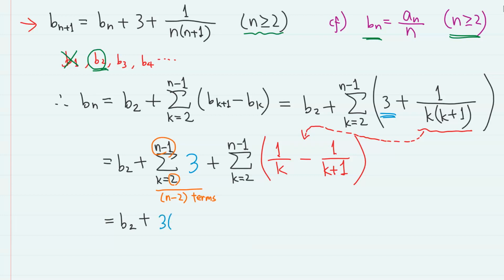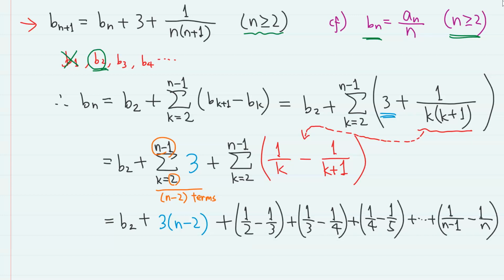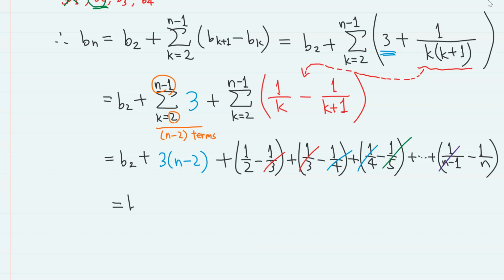So we have 3 times (n-2). And for the second sigma, this is a telescoping sum. So as you can see, this and this cancel out, this and this cancel out, and so on. So we have b2 plus 3(n-2) plus 1/2 minus 1 over n.